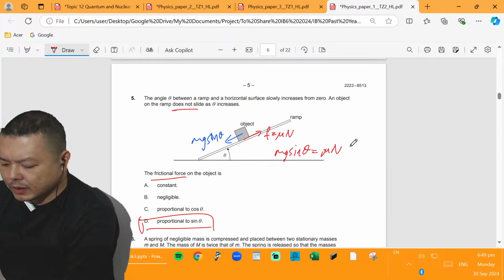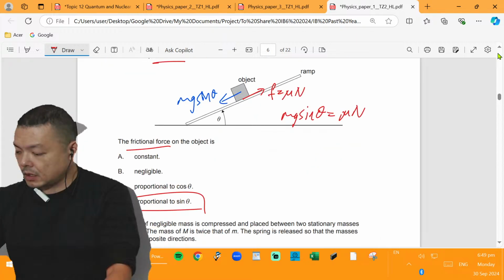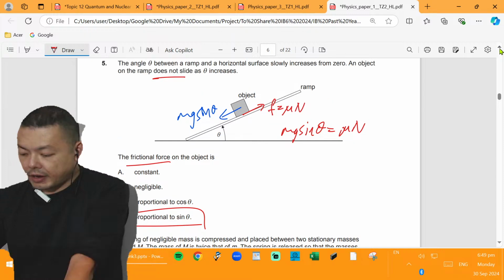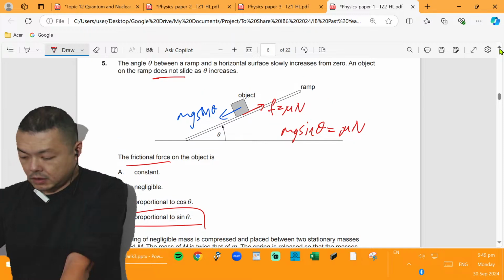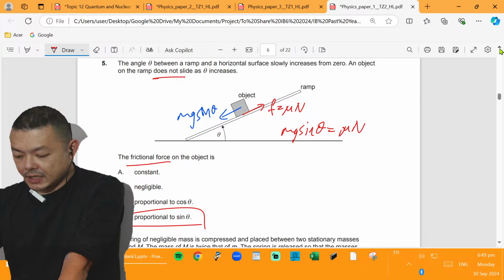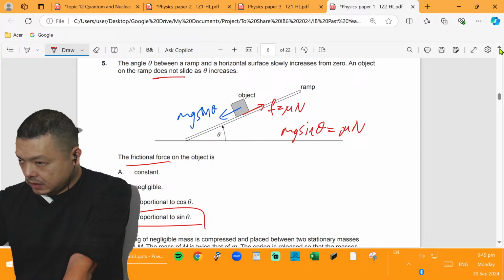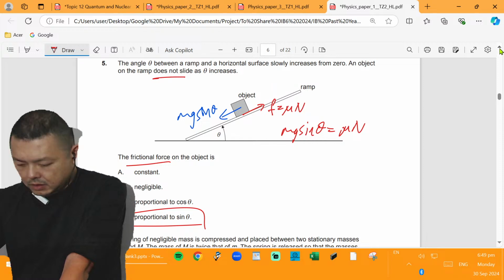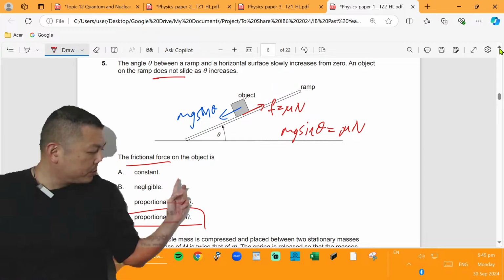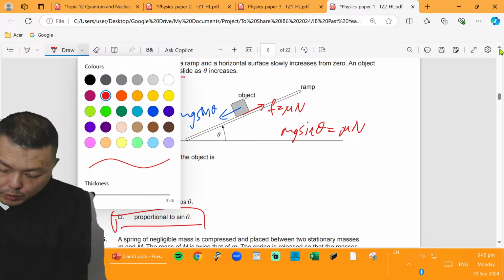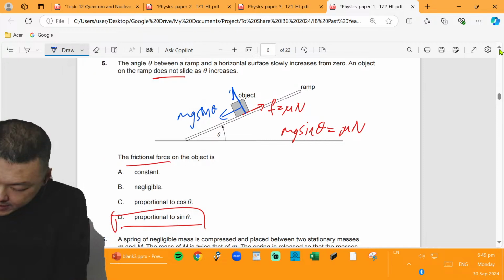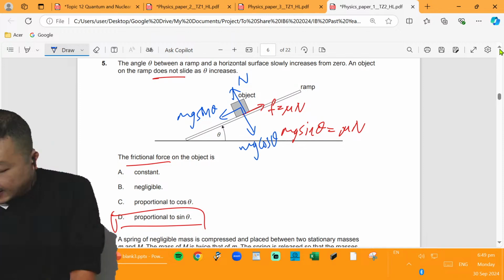No, what do you put down first? Yeah, you put the correct answer, but you don't know why. I don't know why it can't be C. The normal force is proportional to cosine theta because when you resolve the weight, there's a normal contact force and the weight component is mg cosine theta. So N equals mg cosine theta.